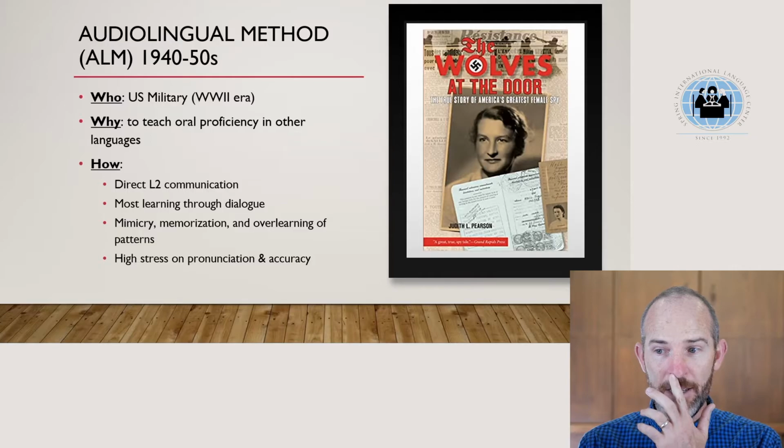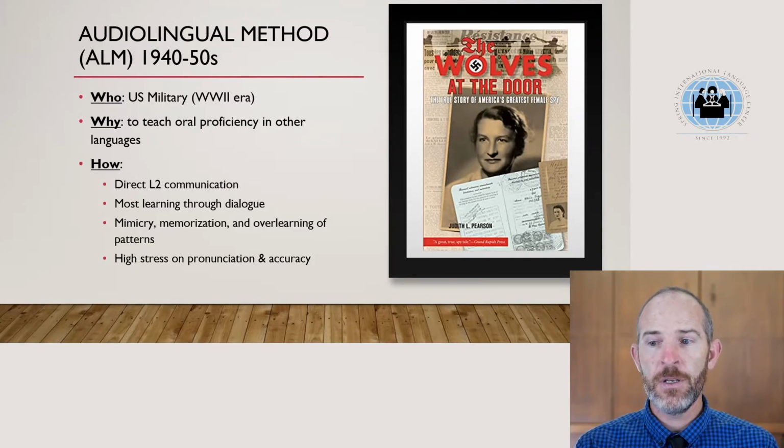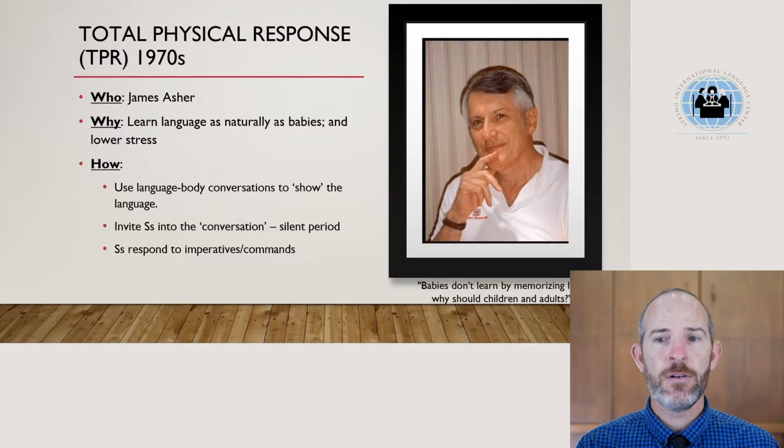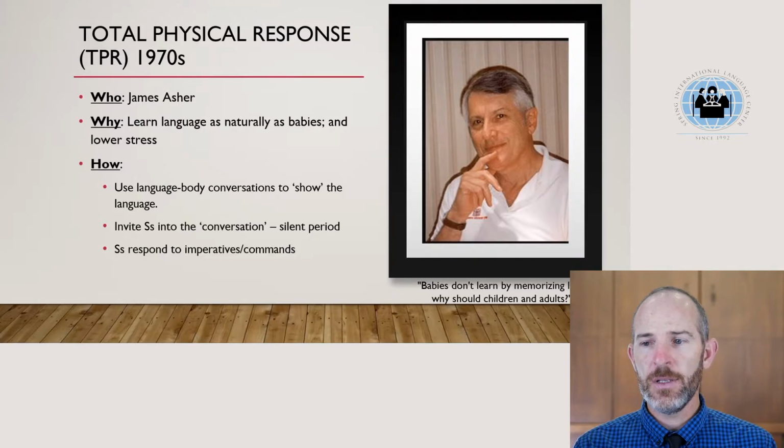It's written about a true female spy from the United States during this time, and they would mimic. They would listen to authentic language and then mimic over and over and over and repeat phrases until their mouths and their tongues were able to move perfectly, just like that second language. So, interesting story on the audiolingual.